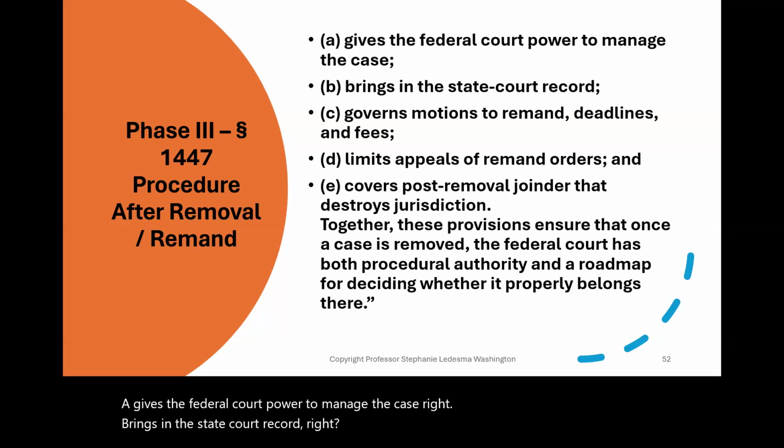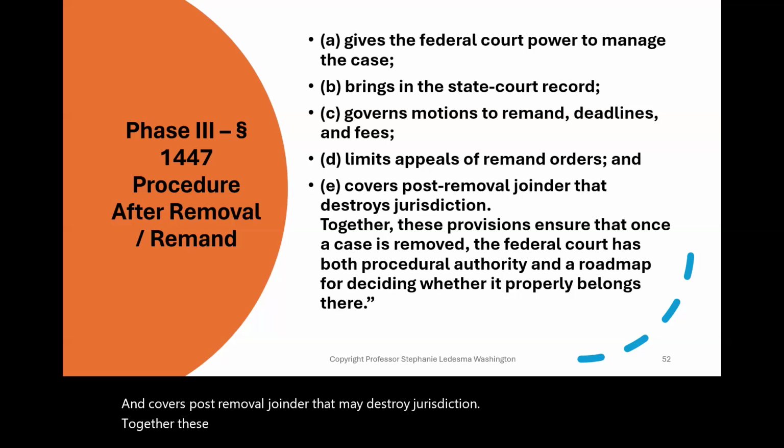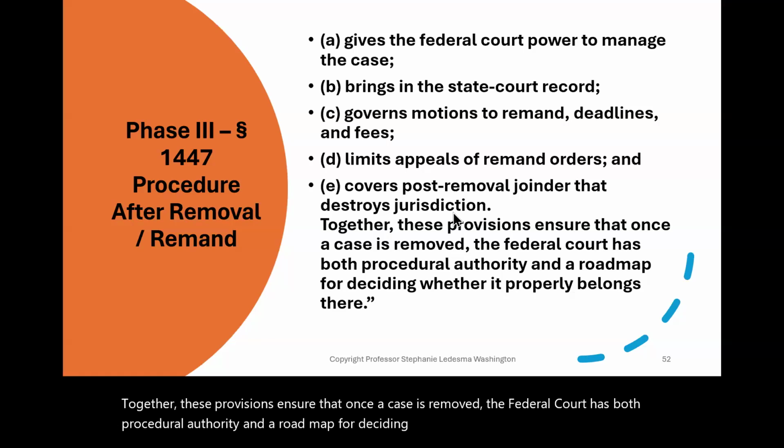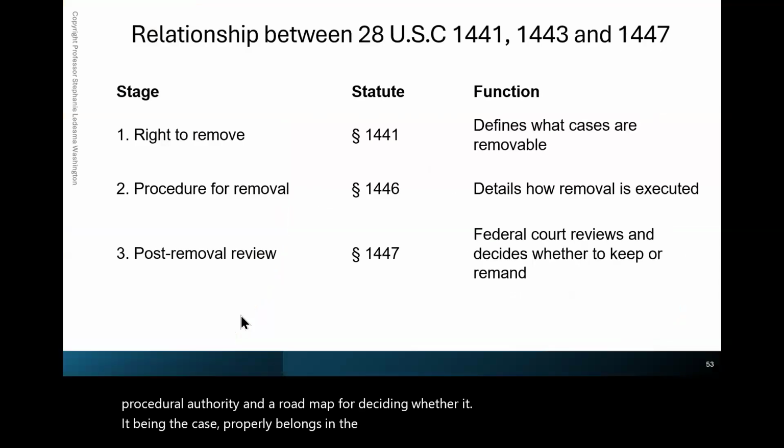Governs motions to remand, deadlines, and fees, limits appeals of remand orders, and covers post-removal joinder that may destroy jurisdiction. Together, these provisions ensure that once a case is removed, the federal court has both procedural authority and a roadmap for deciding whether the case properly belongs in federal court or not.